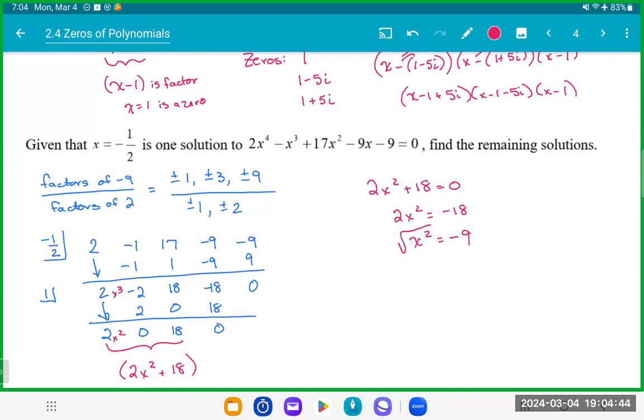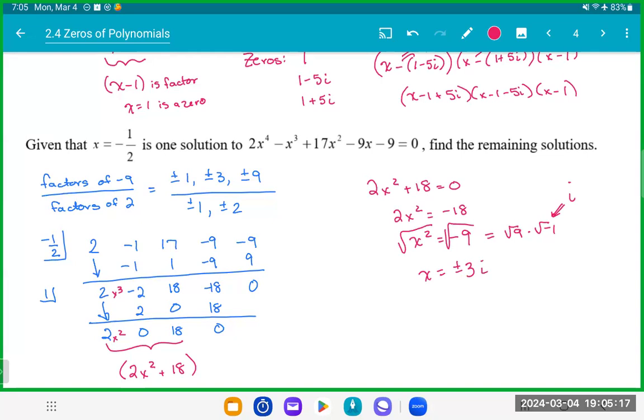Take the square root of both sides, and you get that x equals, really, when you have this negative, this is the same as saying the square root of 9 times the square root of negative 1. Remember, the square root of negative 1 is an imaginary number. So the square root of 9 is plus or minus 3, and then we have that i out there.